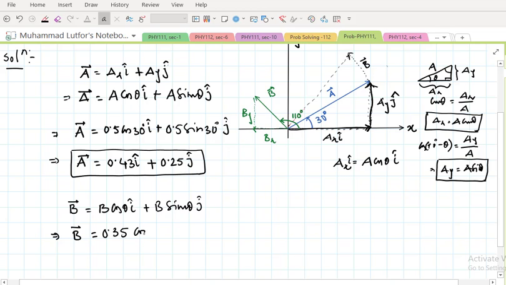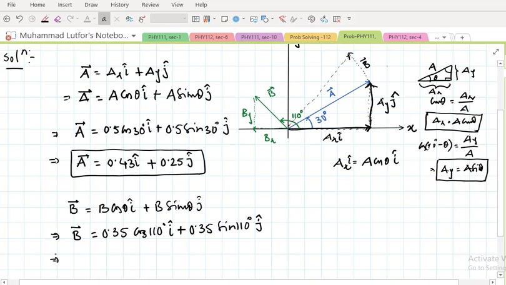I'll write down 0.35 cos of 110 i hat plus 0.35 sine of 110 degree j hat.